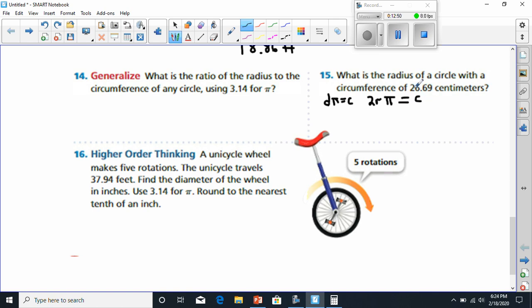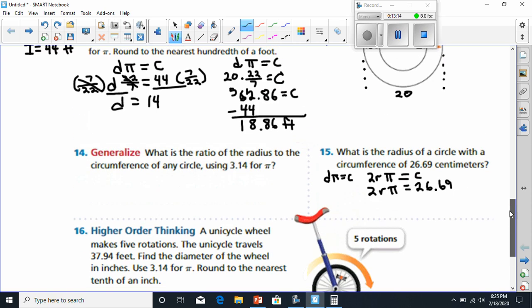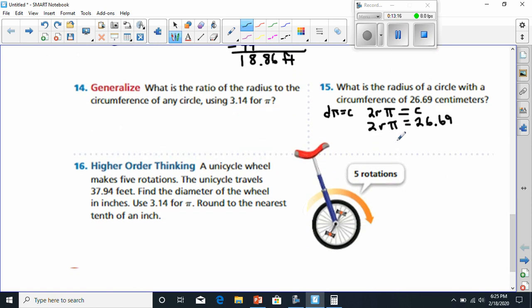So now that they told us the circumference is 26.69 centimeters, that has to equal pi times the radius times 2. Now I can replace pi. It doesn't really say whether to use 22 over 7 or 3.14, so I think I'm going to use 3.14.